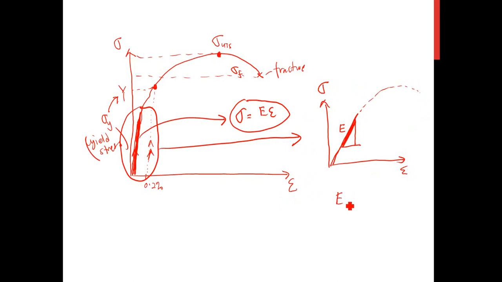The slope is given by y over x, and in this case y is sigma and x is epsilon. So we can write that E, the Young modulus or the slope, is equal to sigma over epsilon. We can rewrite this equation: sigma equals E epsilon. This is a very important equation that we will apply in the next lecture.